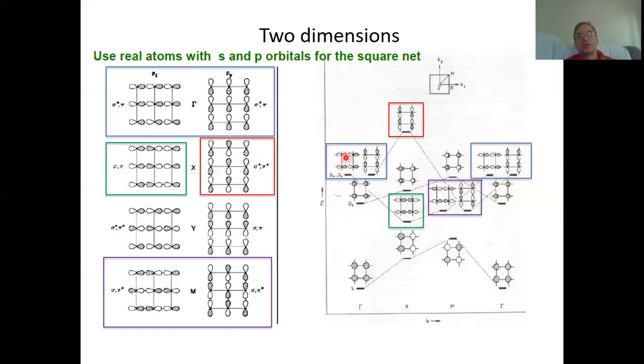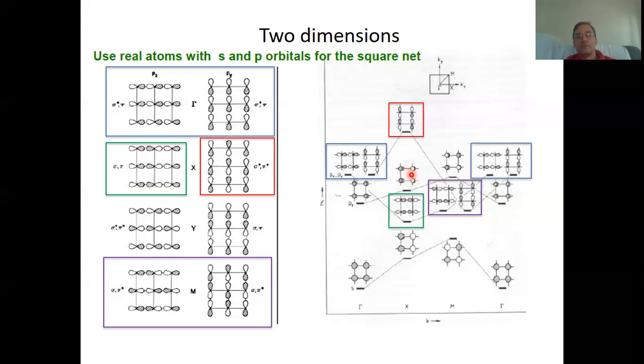All right, so we can now also think about, well, the pz orbitals. Okay, so now the pz orbital is perpendicular to the xy plane. So for that reason, they act pretty much the same as the 1s orbitals, meaning that as we go from lambda to x, the energy is actually increased, and we have a non-bonding crystal orbital.